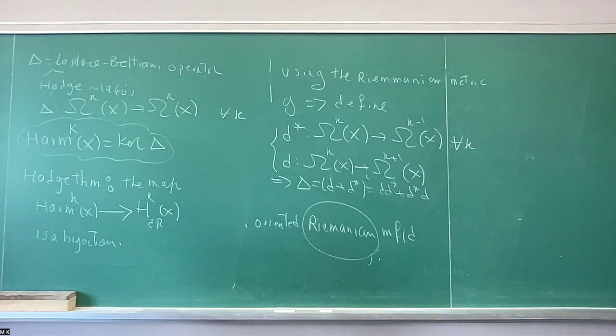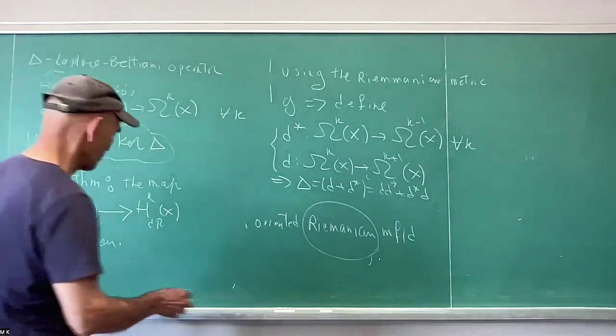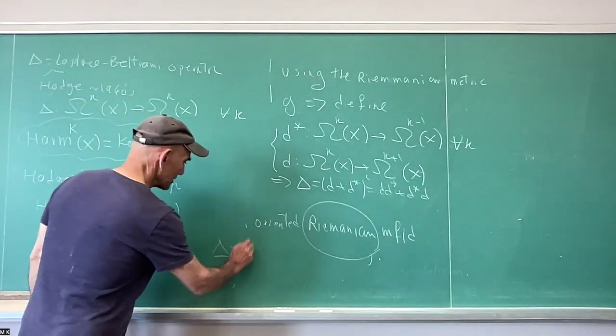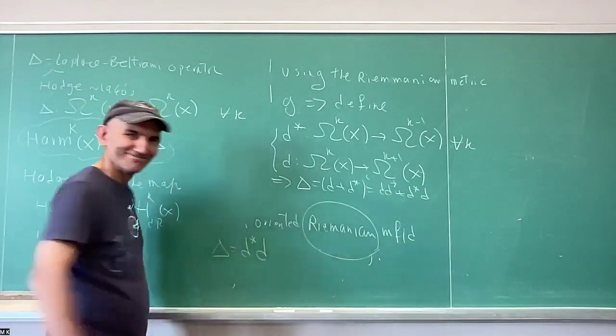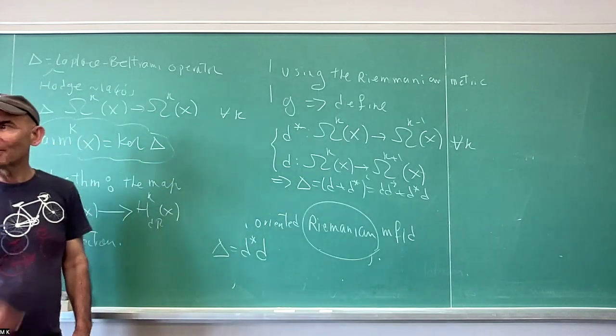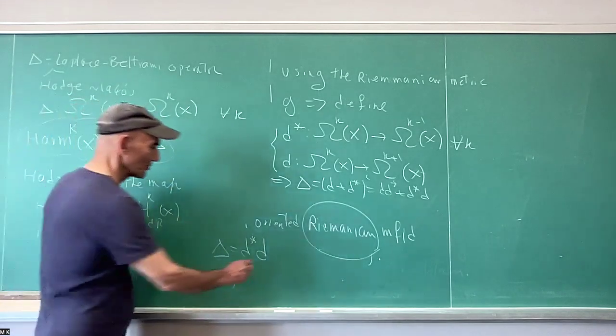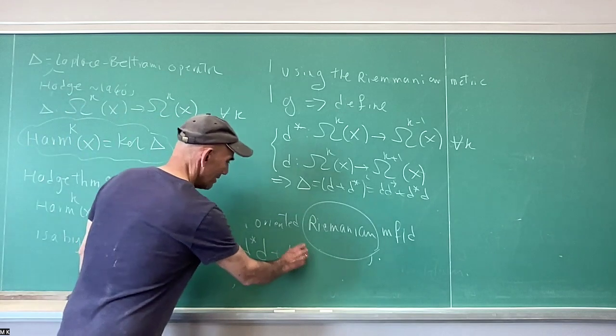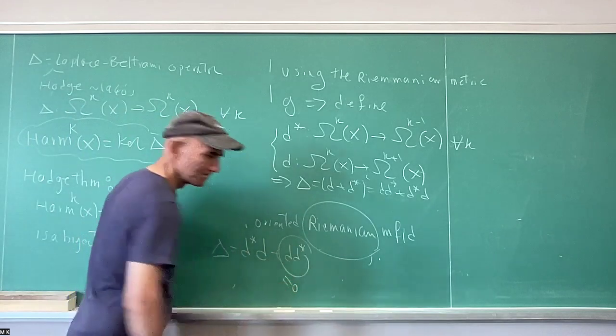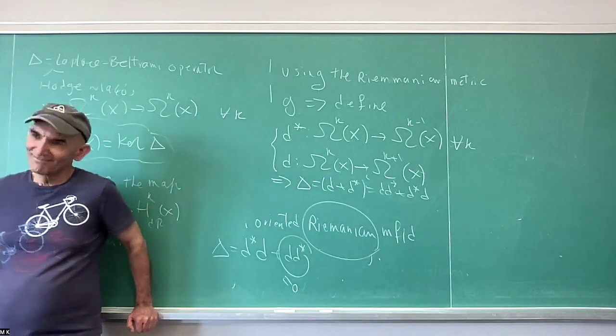But doesn't the other one have to go down once and then up? Oh, that's 0. So for harmonic functions, this is d star d, since d star is 0 there.